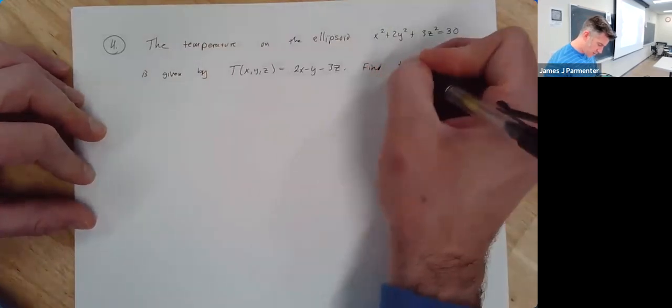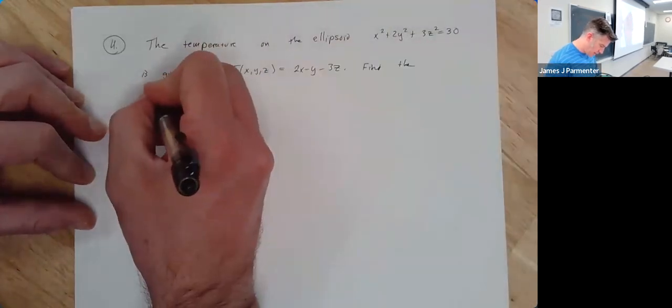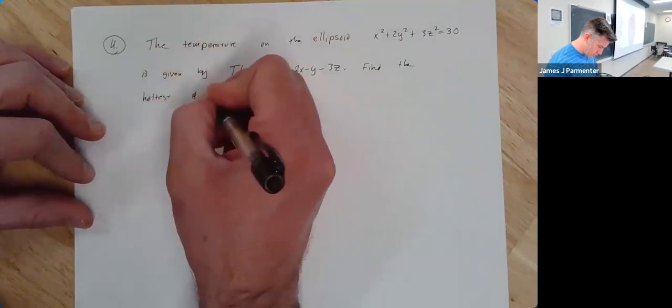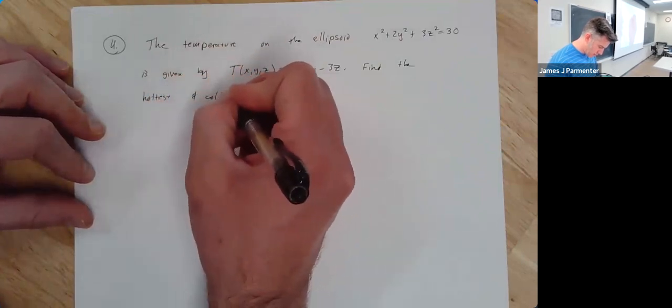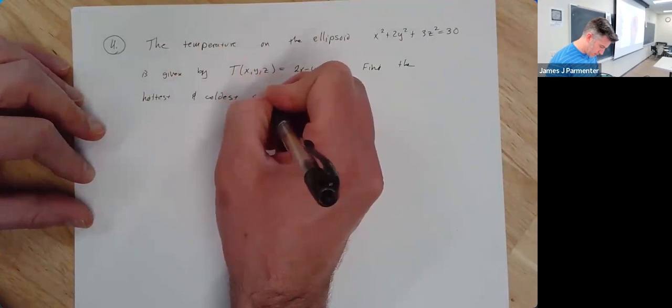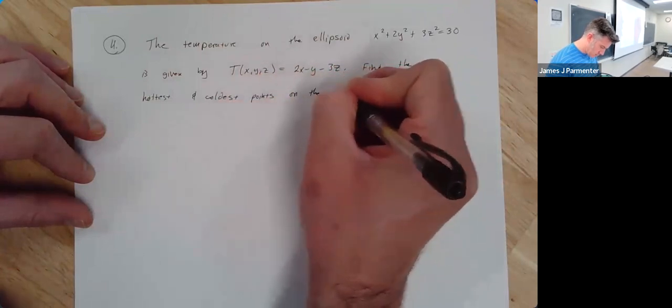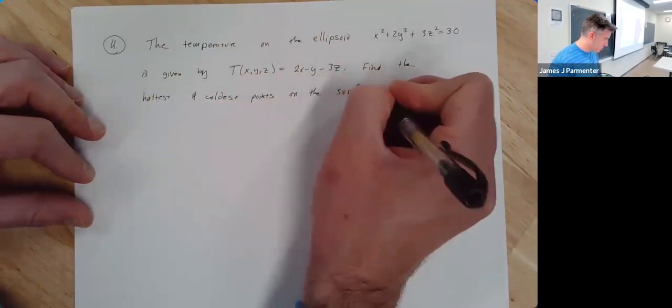Find the hottest and coldest points on the ellipsoid, points on the surface.